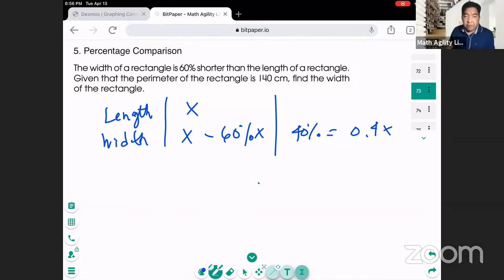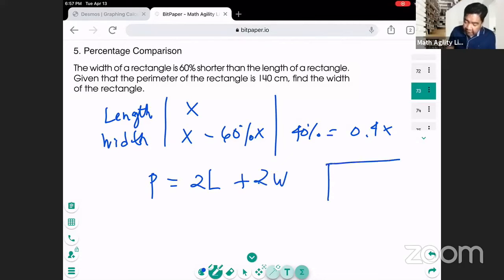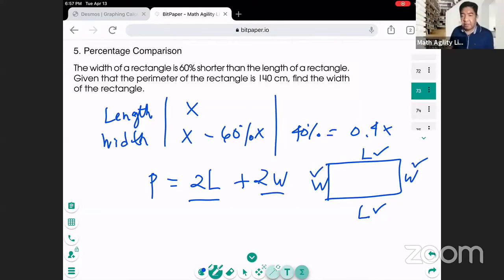So we learned that perimeter is equal to twice the length plus twice the width, right? So if you draw a rectangle, this is the length, and this is the width. So that's why it becomes 2L because of two lengths here, and then 2W because of the two widths on both sides of the rectangle.